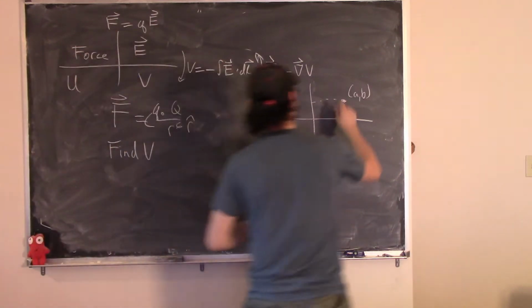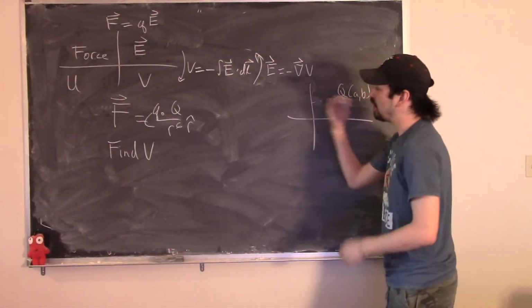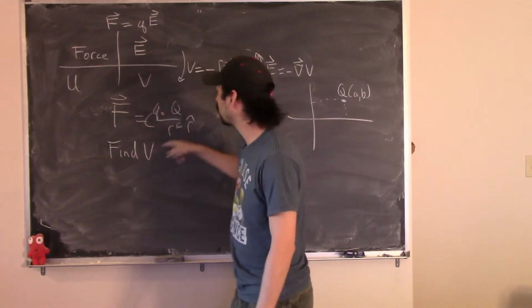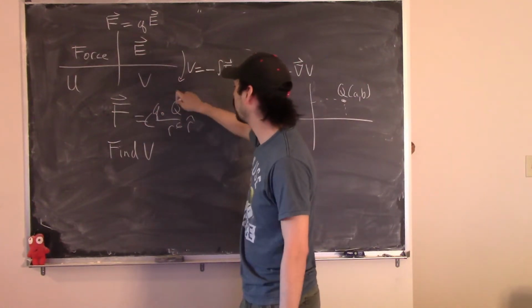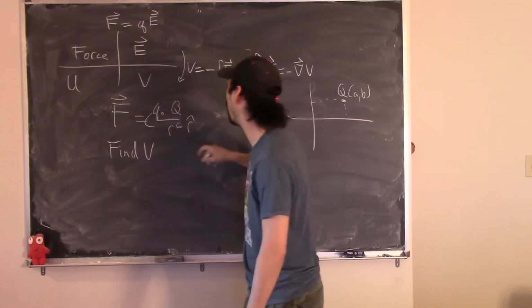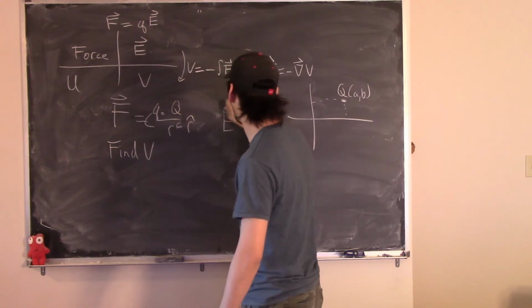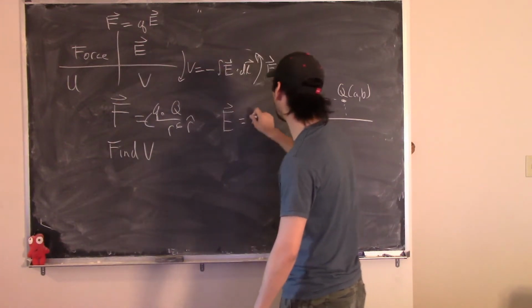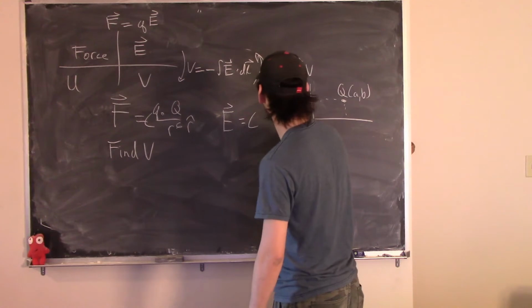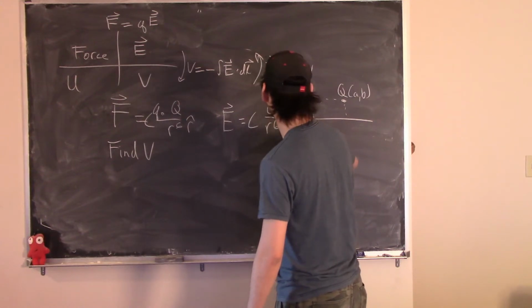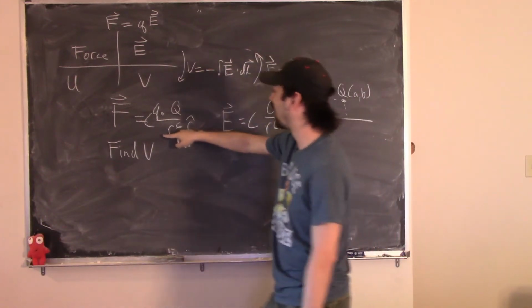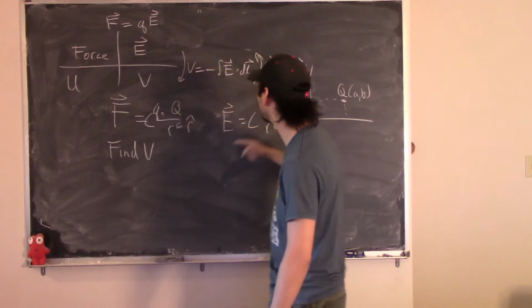And because this is the charge capital Q, to find the electric field produced by capital Q, we just divide this by Q naught. So the E vector is just going to be equal to CQ divided by r to the 6th, r hat. We just divided this equation by Q naught to get here.